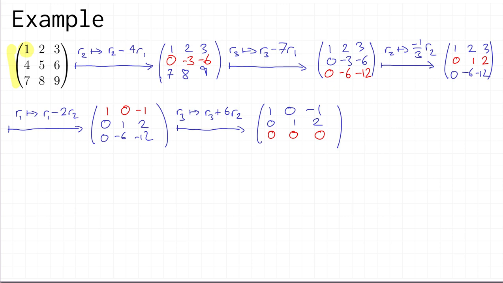So we've got a leading entry in position 1, 1, and all the other entries in that column are 0. And the other leading entry is in position 2, 2, and all of the other entries in that column are 0. And finally, the leading entries really do go from left to right as you go from top to bottom. So the leading entry in row 2 is strictly to the right of the leading entry in row 1. Therefore, this matrix is in row-reduced echelon form, and we are done.